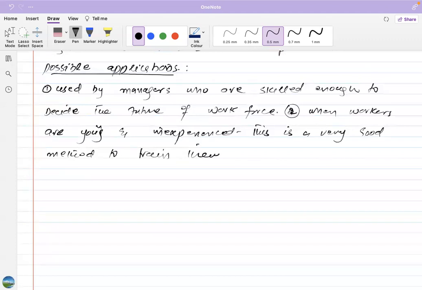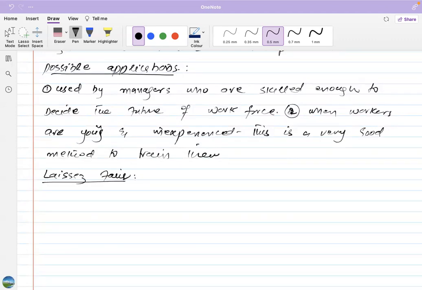Coming to the fourth style, that is called laissez-faire. Laissez-faire is also called the hands-off approach. What is this hands-off approach?